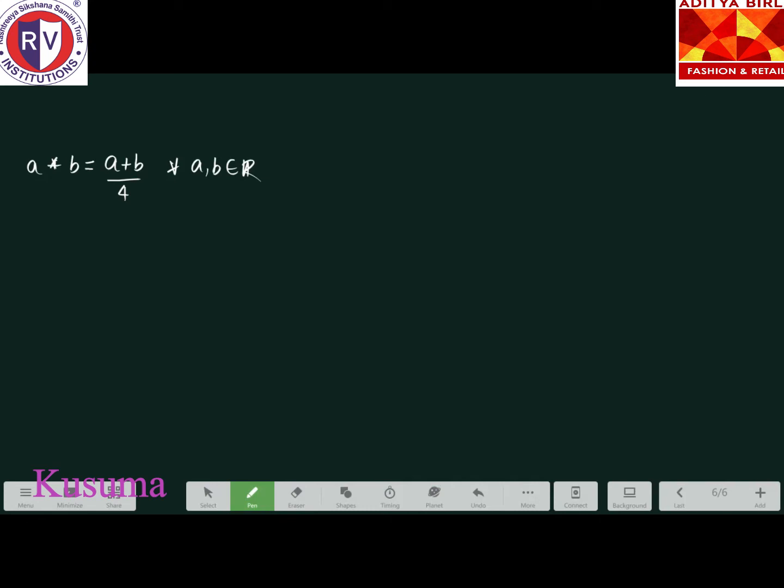That is, we have to find out what laws hold for the binary operation star. You people know that the commutative law states that A star B must be equal to B star A.